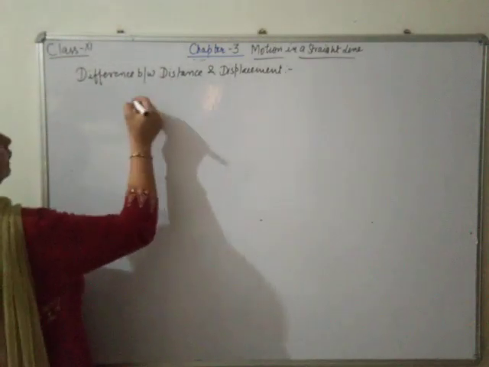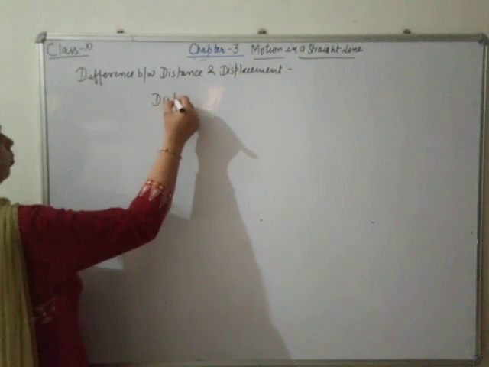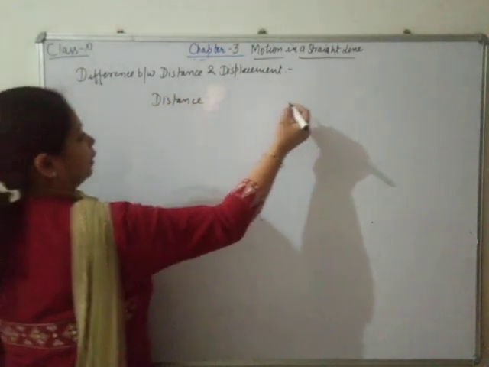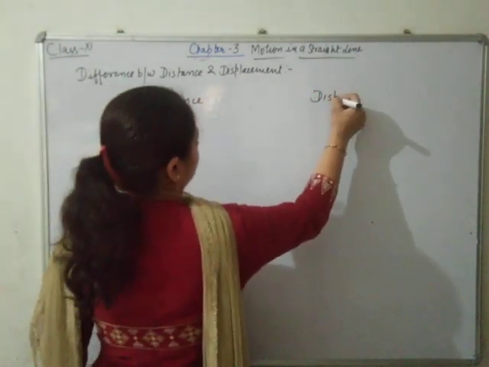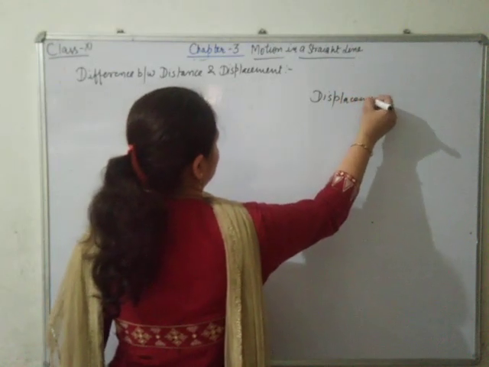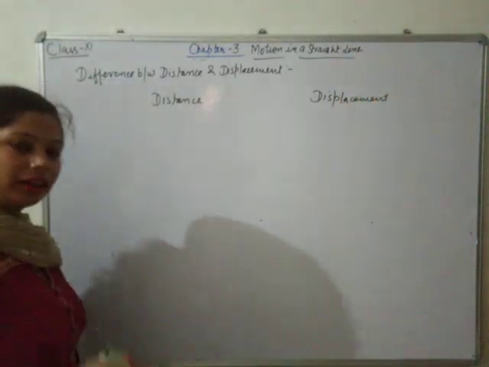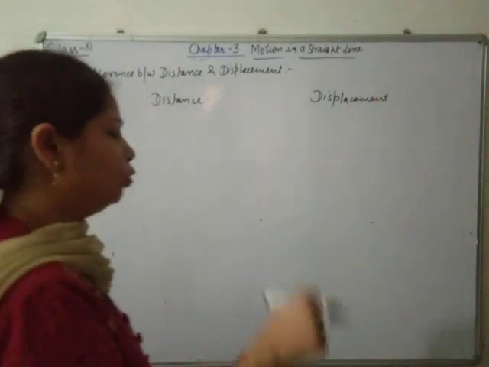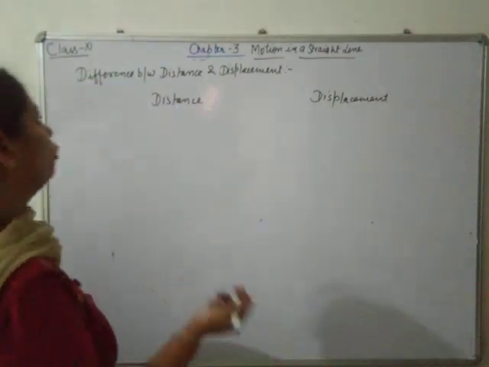First one, distance is the total path length, and displacement is the shortest path from initial to final position.